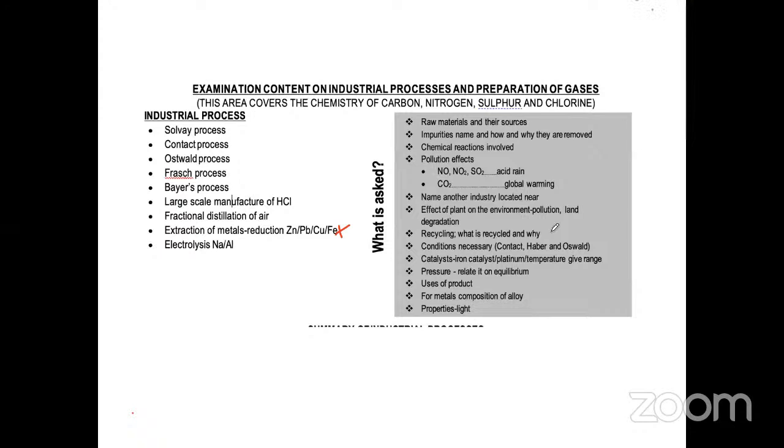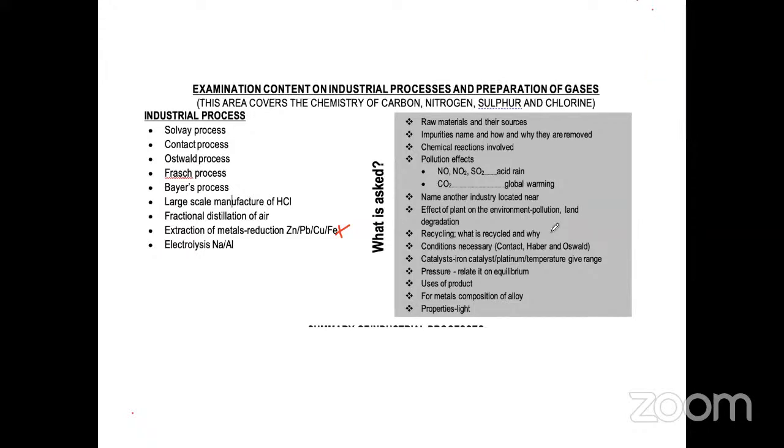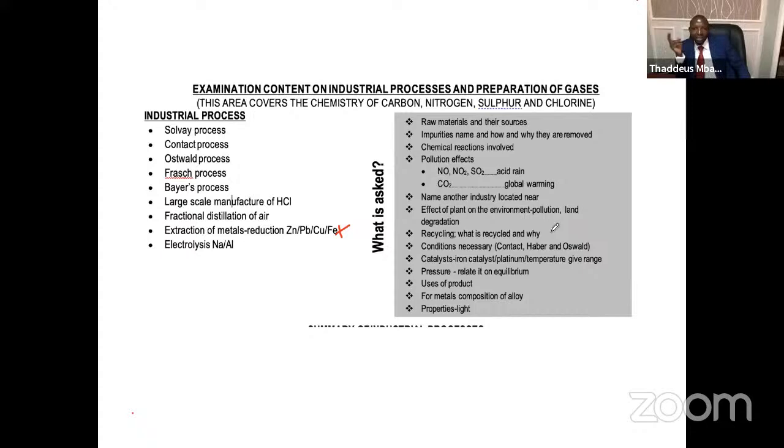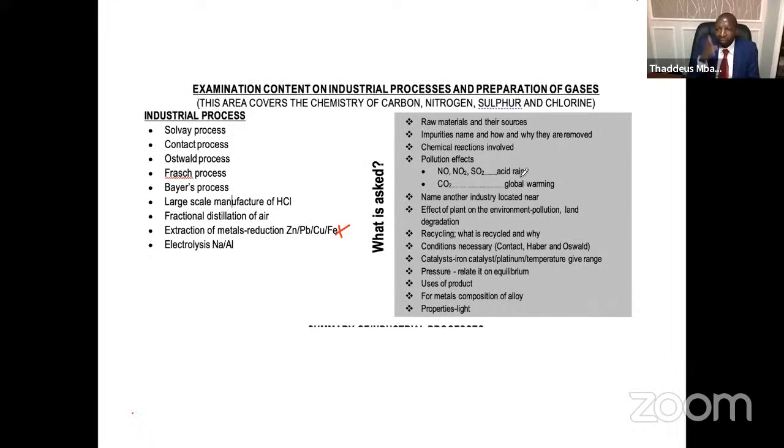Reduce expenses. Reduce what? To minimize running cost. That is how to reduce the expense. Number two, Joshua Kalenga. To minimize environment pollution. So the only two reasons: to minimize running cost, and also to minimize pollution. Those are the two main reasons.